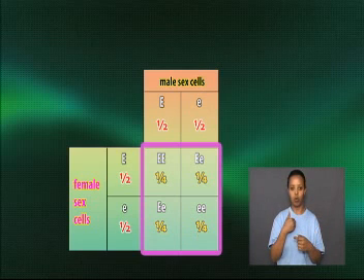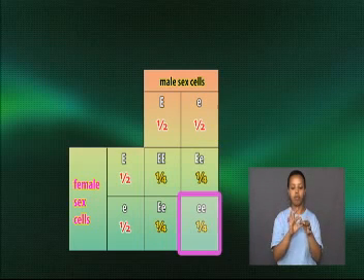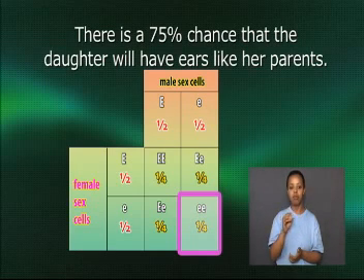However, since dominant genes mask the characteristics of recessive genes, we can see that only one of the 4 combinations will lead to the daughter having 2 pairs of the recessive gene that calls for attached earlobes. In other words, there is a 75% chance that she will have ears in the same shape as her mother and father.